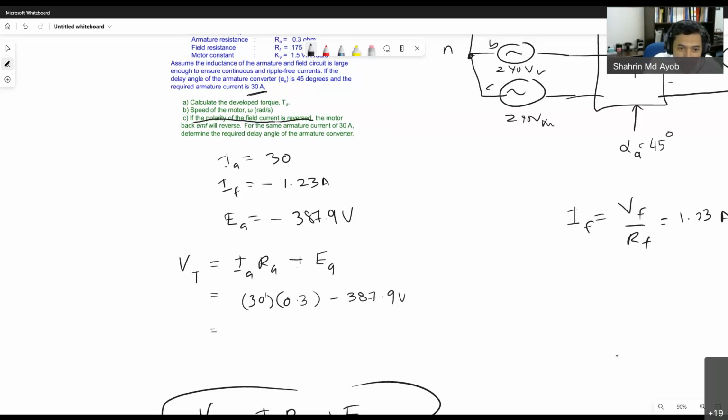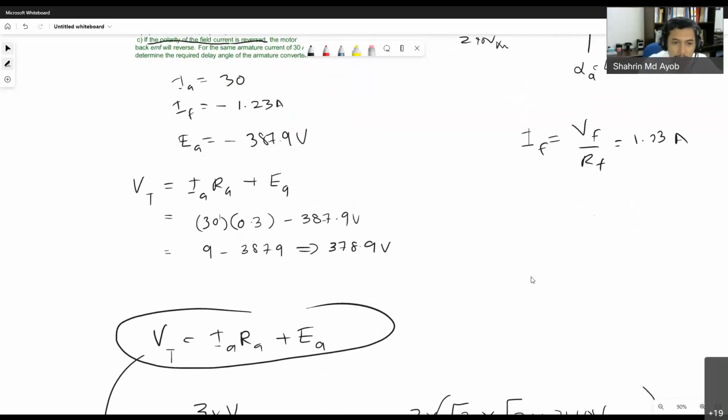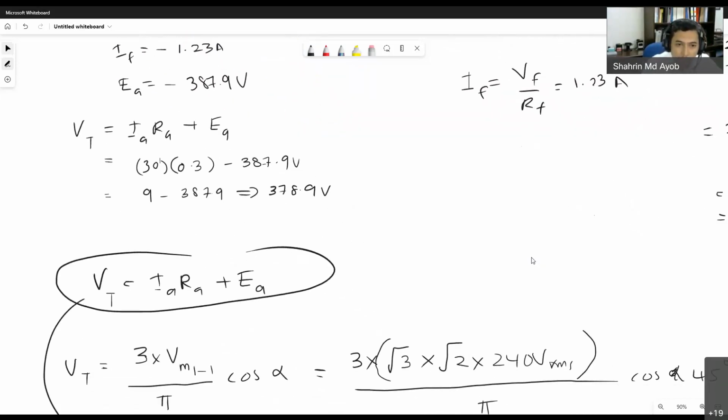So this one will be 9 minus 387.9, and it will give you 378.9 volts.